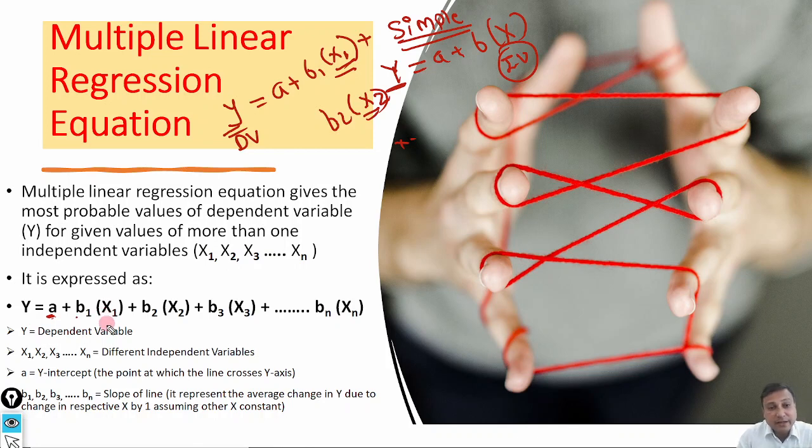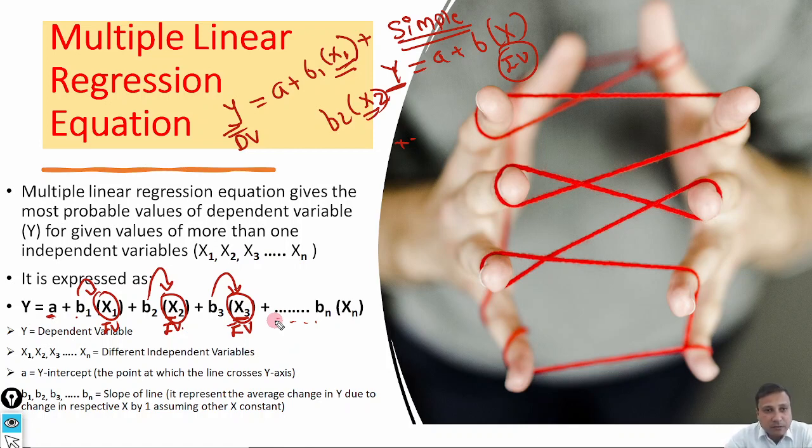So x1 is one independent variable and this b1 is the coefficient of this x1, plus b2 in bracket x2. Again here x2 is the second independent variable and this b2 is the coefficient of this x2. Then again plus b3 in bracket x3. Again here is one more independent variable and this b3 is the coefficient of this x3 and so on and so forth. Fine. So this is the way that multiple linear regression equation looks like.